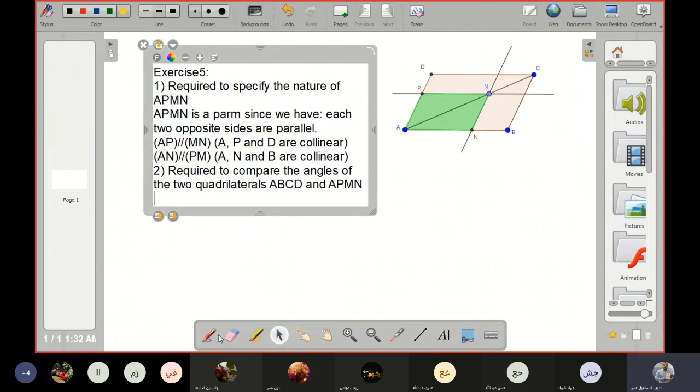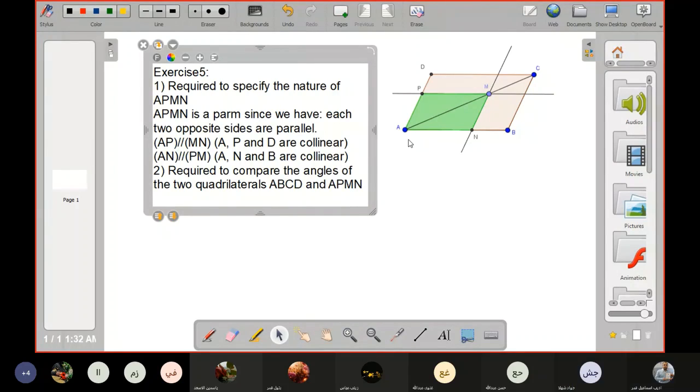Okay, what can we say about the angles, Jawad? What can we say about the angles of the two quadrilaterals, APMN and ABCD?